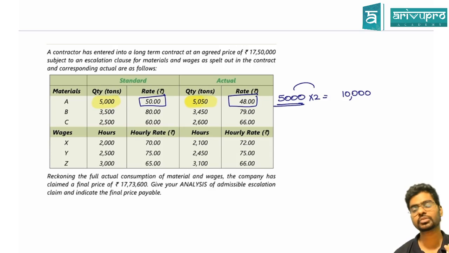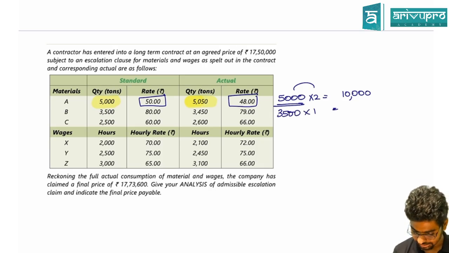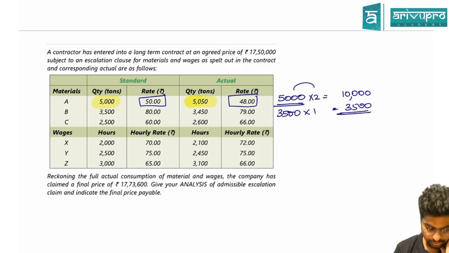Why is it 3,500? Boss, you saved it from what I gave you as a standard. That is your efficiency. You claim the benefit, boss. Don't bother about me. So I will give 3,500 into 1. That is 3,500.